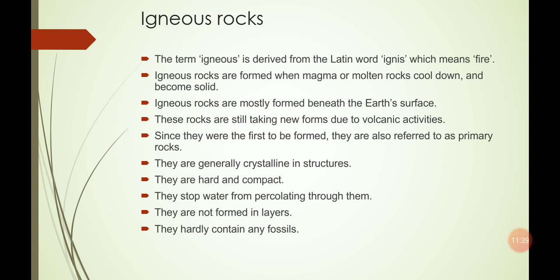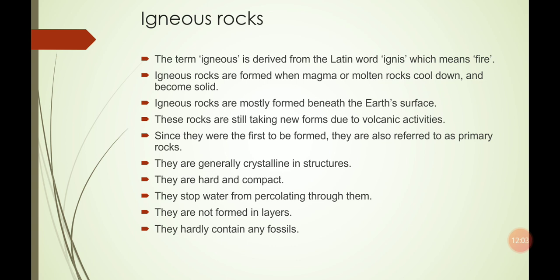The other rocks we will read about form layers, and how they form, we'll read. They also hardly contain any fossils. There are very few chances of fossils in igneous rock, because it comes directly from the magma.